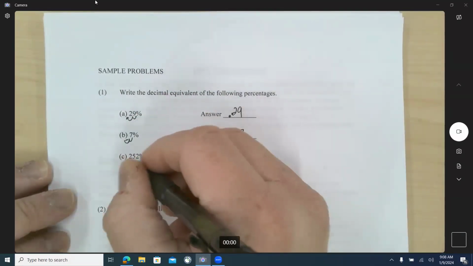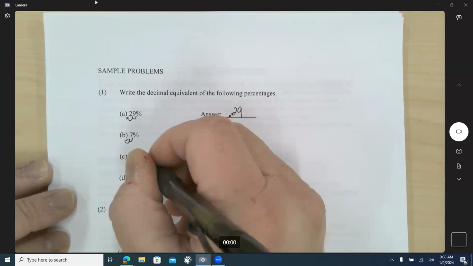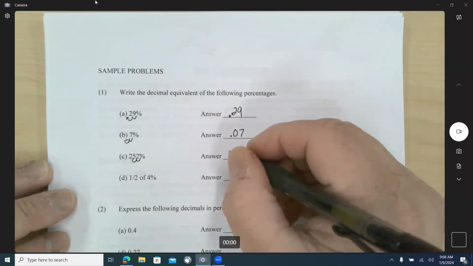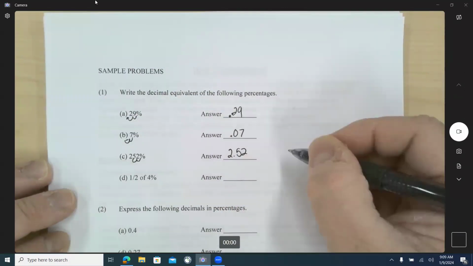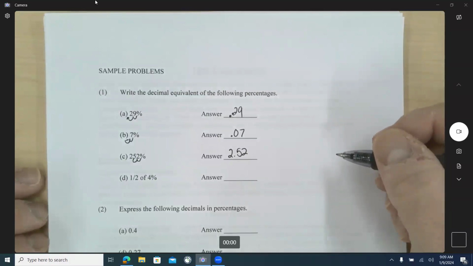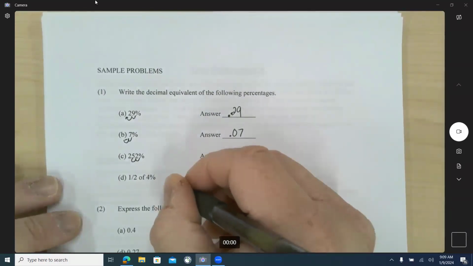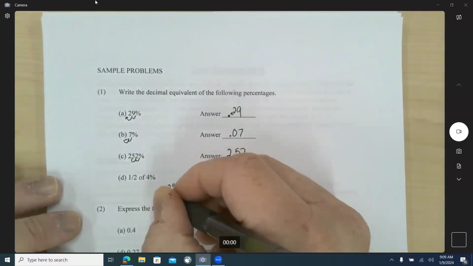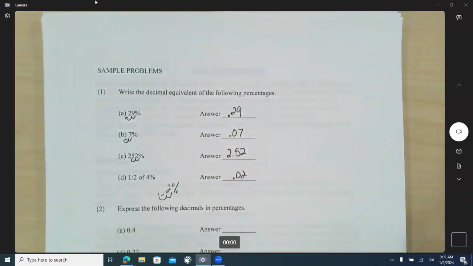The next one, 252%. What is this as a decimal? 1, 2, right? Well, this is 2.52. The next one's somewhat of a trick question, but not really. Half of 4%. What's half of 4? 2. So 2% as a decimal: 1, 2, so 0.02, right? When we move it over 2 places to the left.